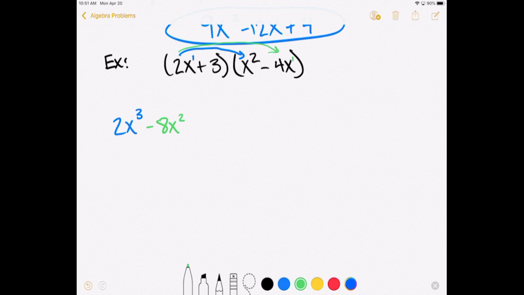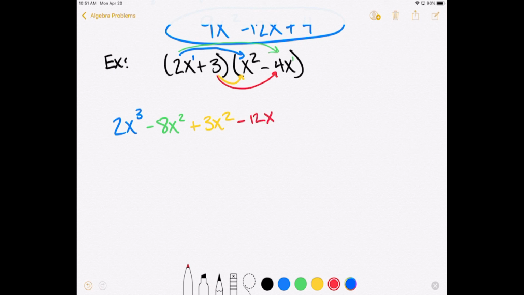So yeah, first, outside, inside, 3 times x squared, that's just a positive 3x squared. No power changes, because no variables are getting multiplied together here. It's just a 3 and an x squared, stick them together, 3x squared. And then last, 3 times -4x, I get -12x.